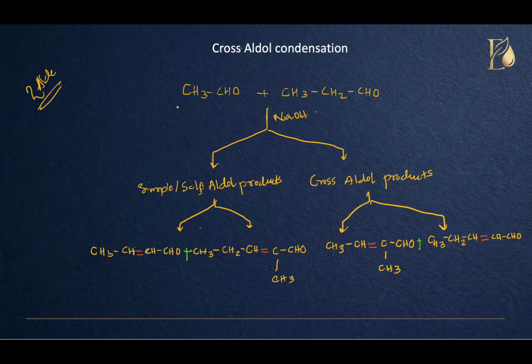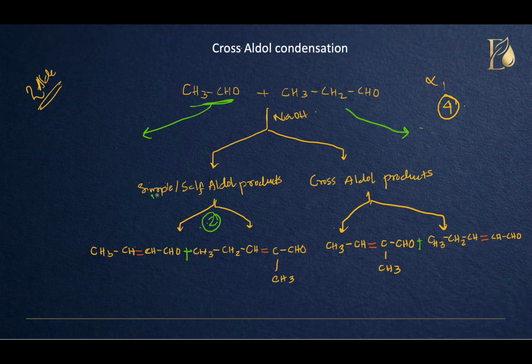And if both of the aldehydes or ketones which undergo the condensation reaction have alpha hydrogen, then it will produce a total of 4 products. How are these 4 products formed? The first 2 products are the result of the simple or self-aldol reactions. This aldehyde can undergo condensation and produce the corresponding condensation product, and this aldehyde can undergo condensation and produce its corresponding condensation product.